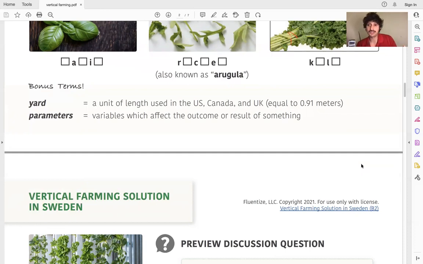Okay, the parameters. Okay, let's talk about how quick it is, the bits per minute and all these things. So it's the parameters. Okay, or if you want to build a computer, the parameters are the speed, what kind of hardware, what kind of software. Okay, so parameters, the variables which affect the outcome or result of something.